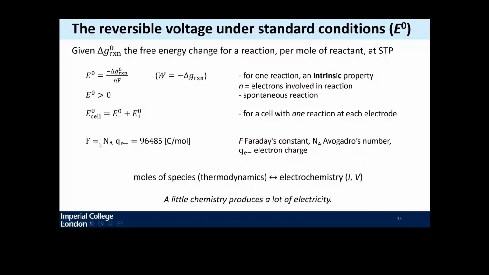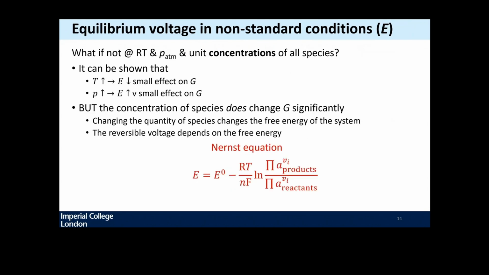And we get this Faraday constant, which basically tells us how we convert from moles of species, which is what reacts, to coulombs, which is what we're interested in for a battery. And when we put it all together, we get this concentration-corrected Nernst equation, which gives you the potential of an electrode in thermodynamic equilibrium.